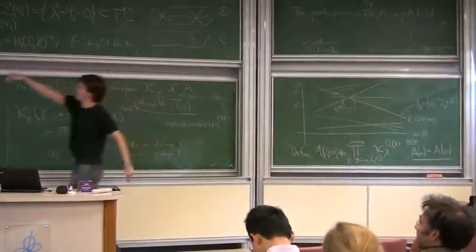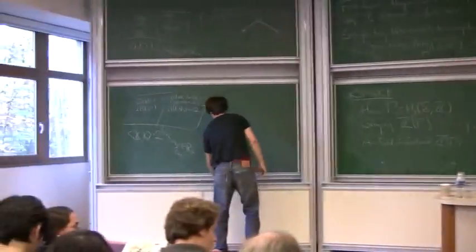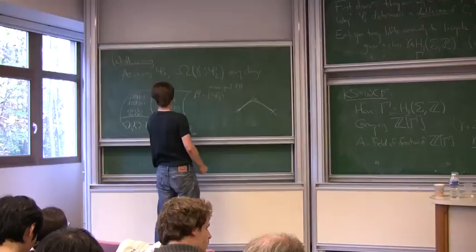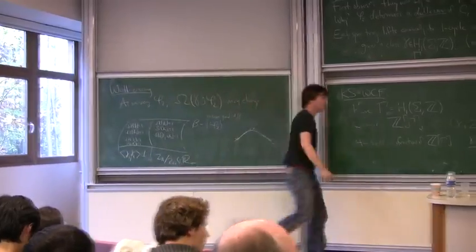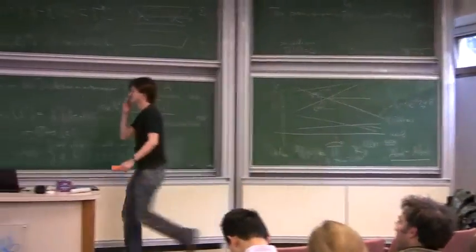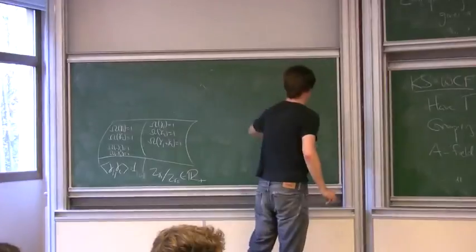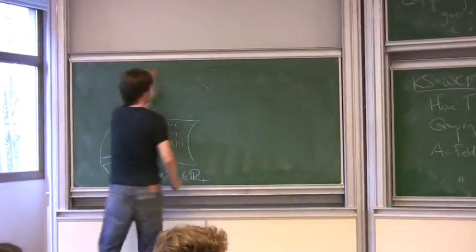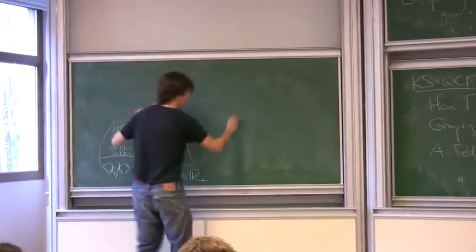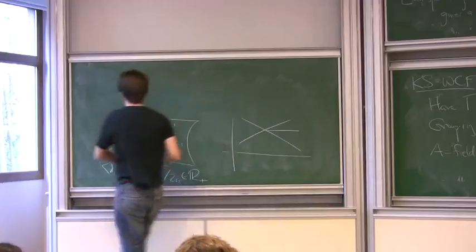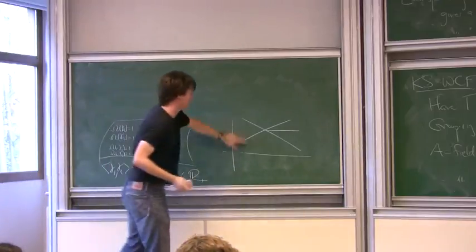And so let's see how it works out in these two examples over here. So say in this example, this example would correspond to this simple picture, where I just have gamma 1 and gamma 2 on one side.